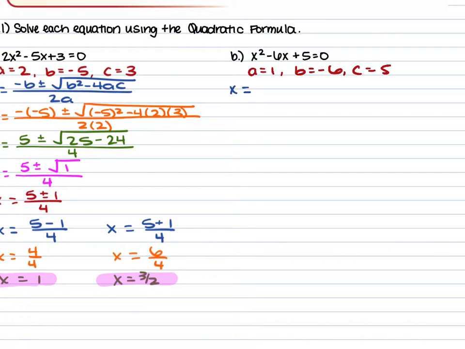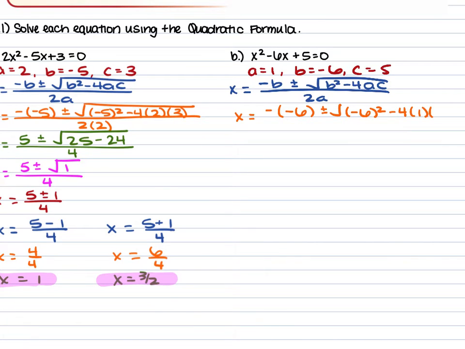Use your quadratic formula. X is equal to negative b plus or minus the square root of b squared minus 4 times a times c all over 2 times a. Plug everything in. So we're going to have the opposite of negative 6 plus or minus the square root of negative 6 squared minus 4 times 1 times 5 all over 2 times 1.